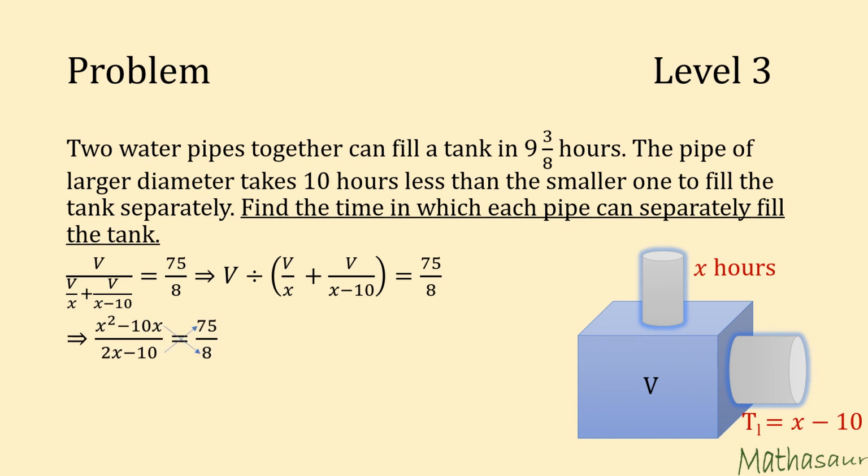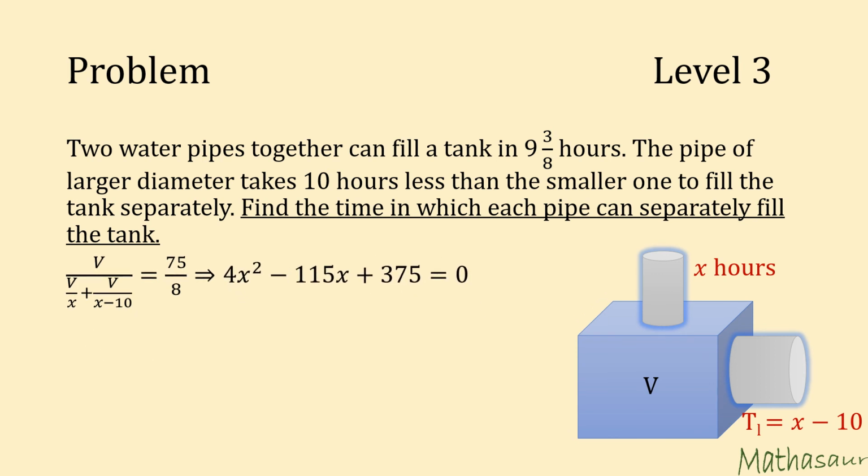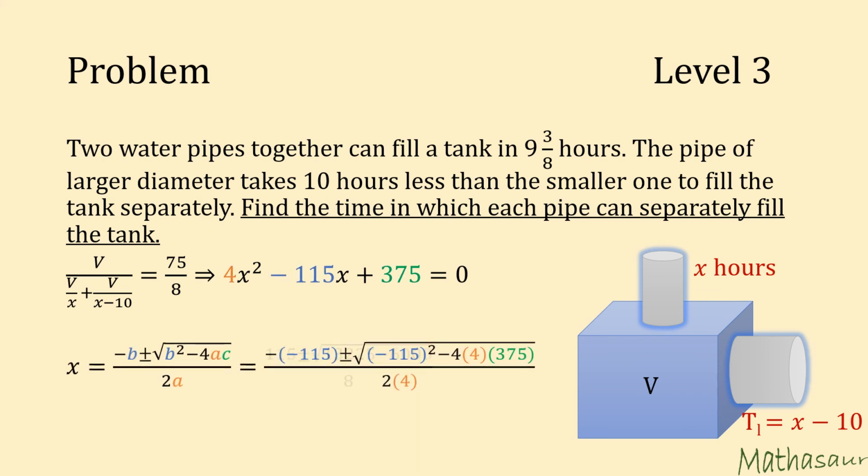We are doing simple algebraic operations here. Let us cross multiply and take all the terms to the left hand side. And we have a quadratic equation in X. Now let us apply the quadratic formula and simplify.